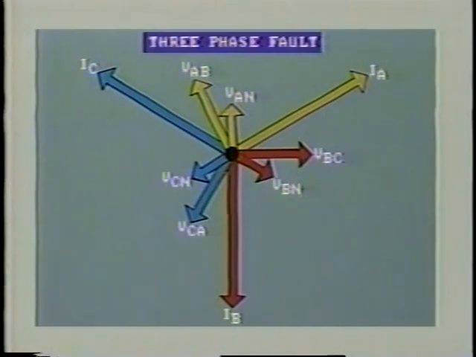This set of phasors also represents a three-phase to ground fault. The line voltages are drastically reduced, but they still maintain the same phase relationship. The system is still balanced. The magnitude of line current increases greatly, and it is lagging by approximately 60 degrees on its respective phase voltage.